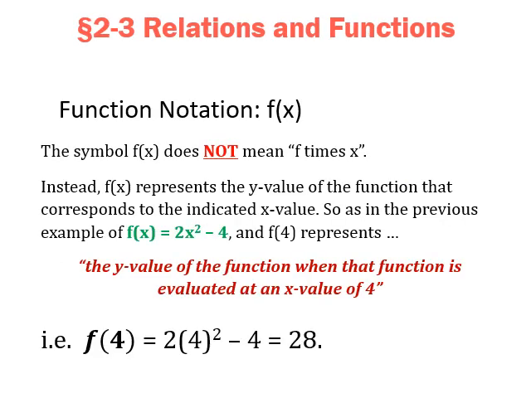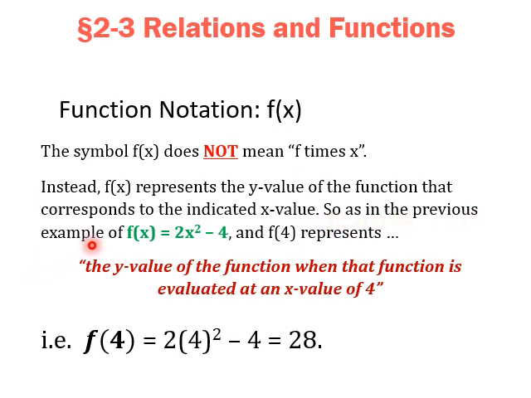All right, so the notation f of x. It looks like f times x, but it does not mean that. It is not f times x. It's a function f, and the variable that we use in the function's expression is x. So instead, f of x represents a y value of the function that corresponds to an indicated x value.